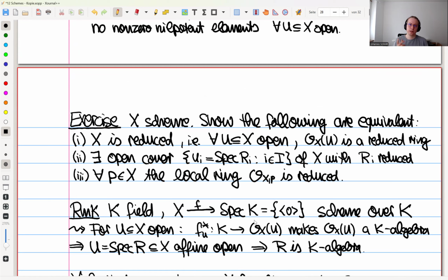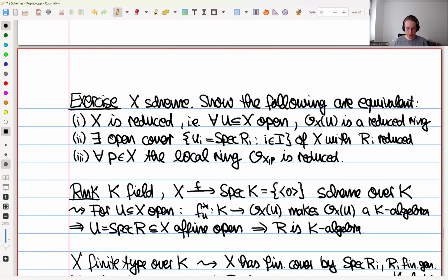Well, on the level of topological spaces, this is all very trivial. There's no information there, because as we said, a field has only a single prime ideal, namely the zero ideal. And so Spec K is just a single point set, and there's exactly one map from any topological space to a single point set. So this thing doesn't contain any information. The information is hiding in the second data point, namely these pullback maps, right?